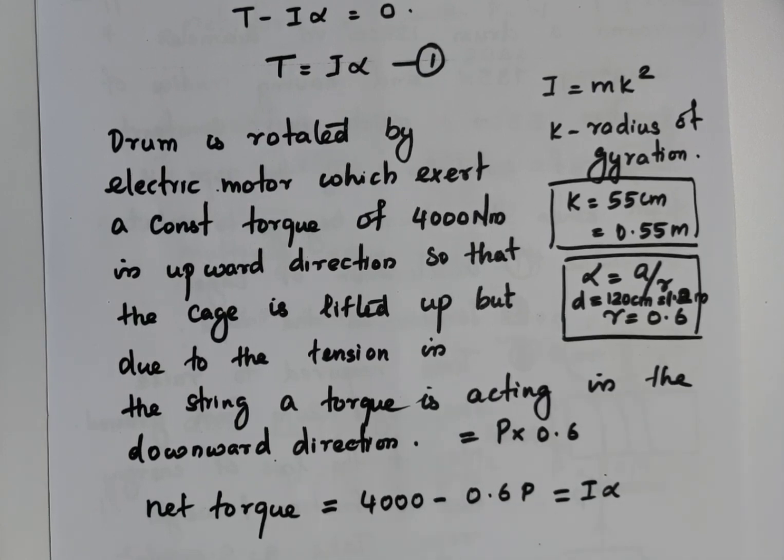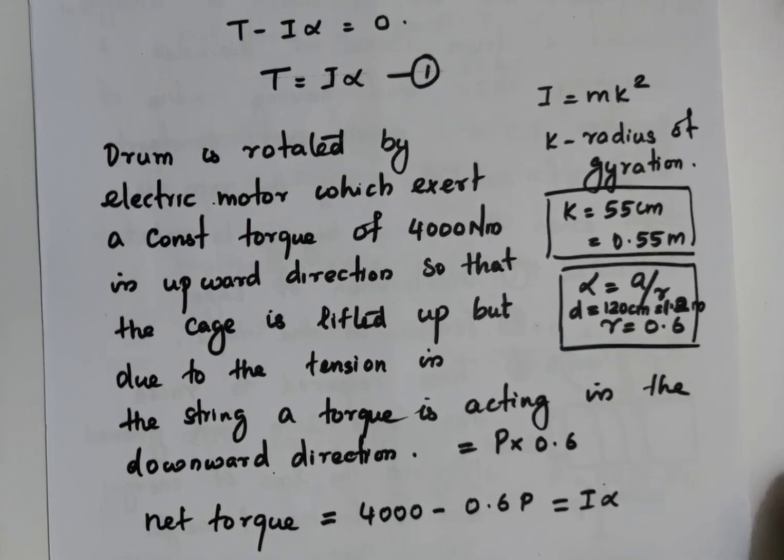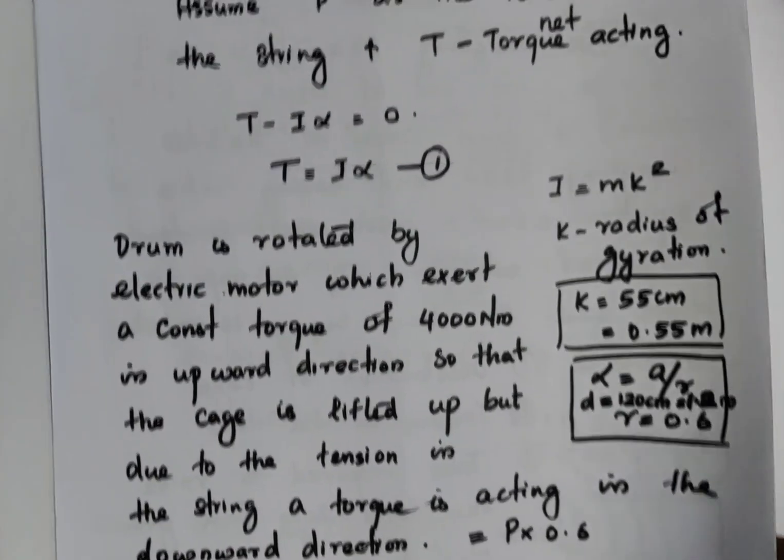Here the net torque is equal to, and this step you have to remember, along with the tension torque in the string, you have an additional torque provided by the electric motor. So net torque is equal to 4000 minus 0.6 P, that is equal to I into alpha. That is the difference you see in this problem.